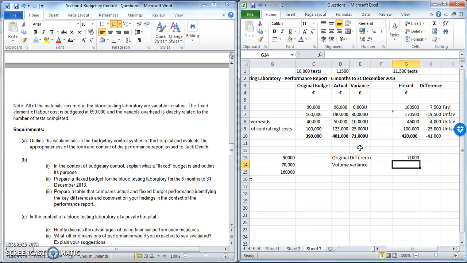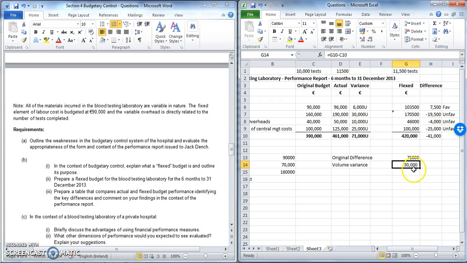The volume variance, i.e. the difference in costs due to you performing a different level of activity, i.e. having more tests in this instance, is the difference between the flex budget and the original budget. So it's the difference between what you thought the budget would be and the flexed. Because you did 1,500 extra tests, you expected to have 30,000 extra costs.